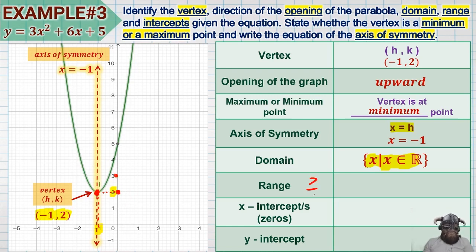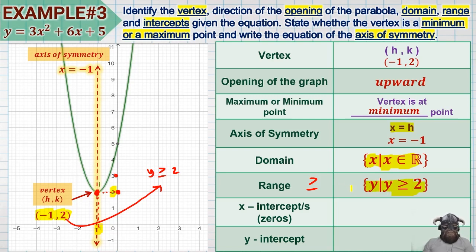In this case, we will use greater than. Wherein, y is greater than or equal to the y value of your vertex, that will be positive 2. Yan. So, lagay lang natin sa set notation, y such that y is greater than or equal to positive 2.